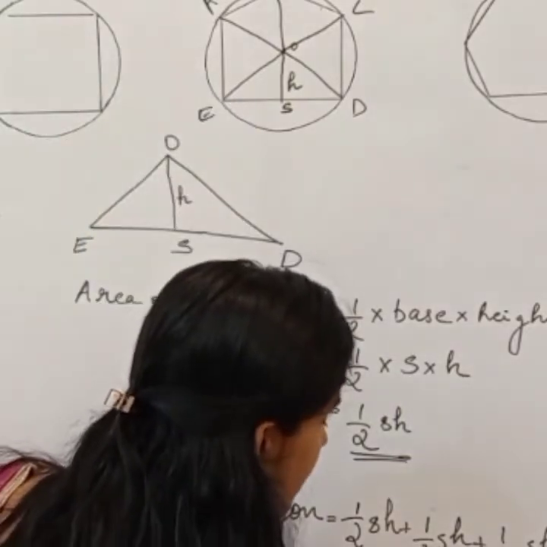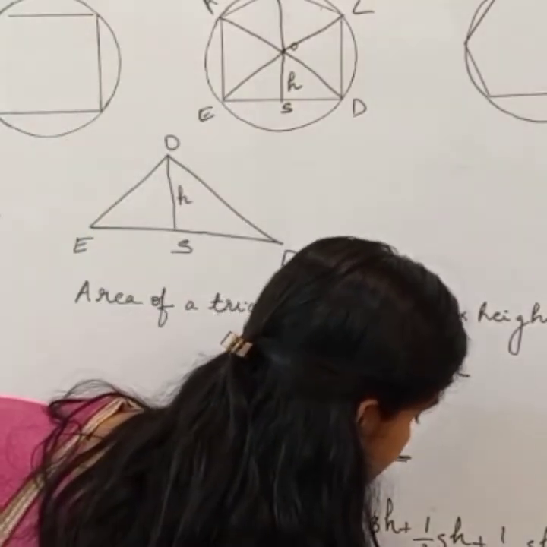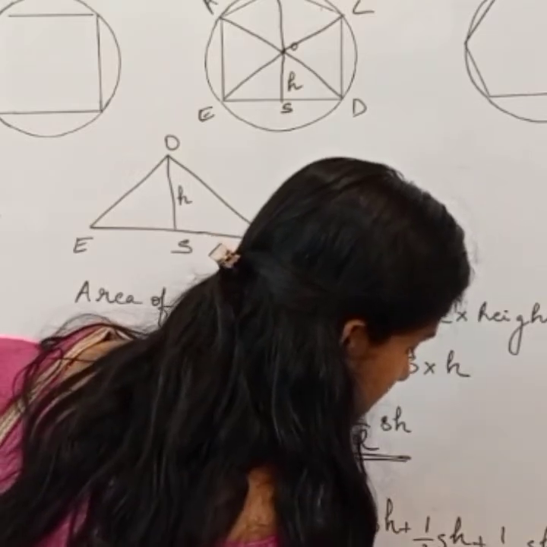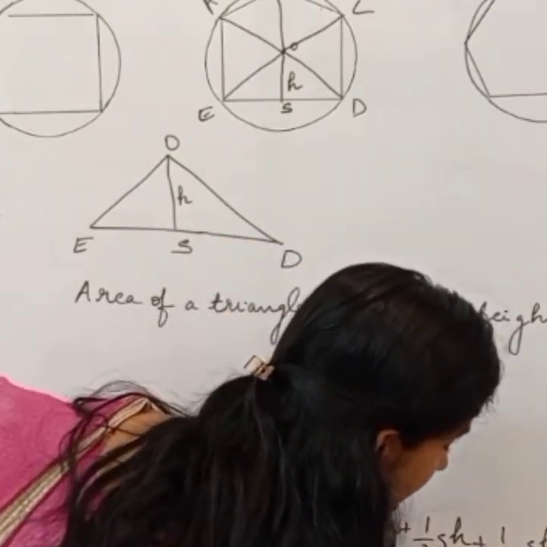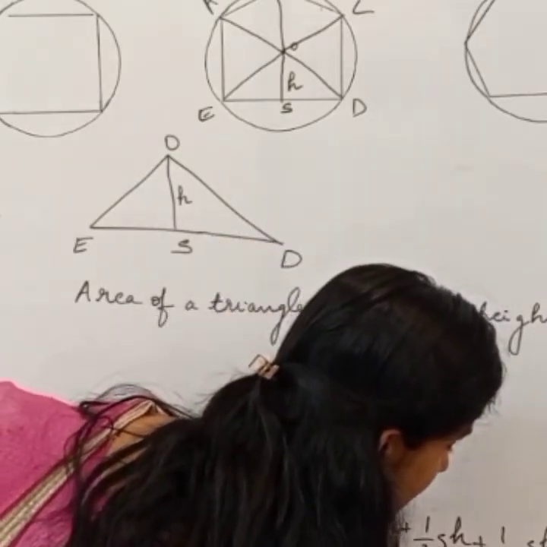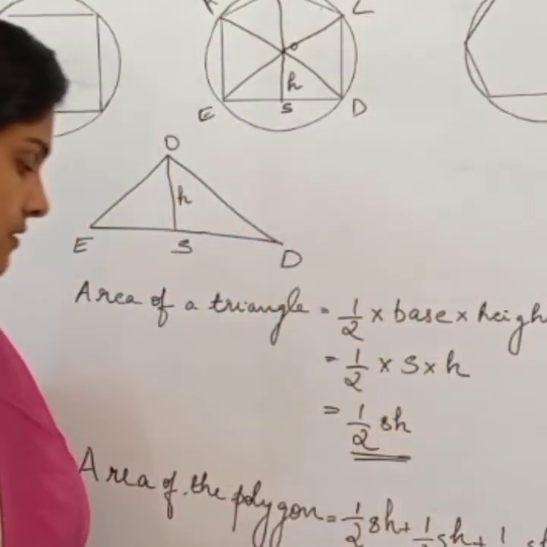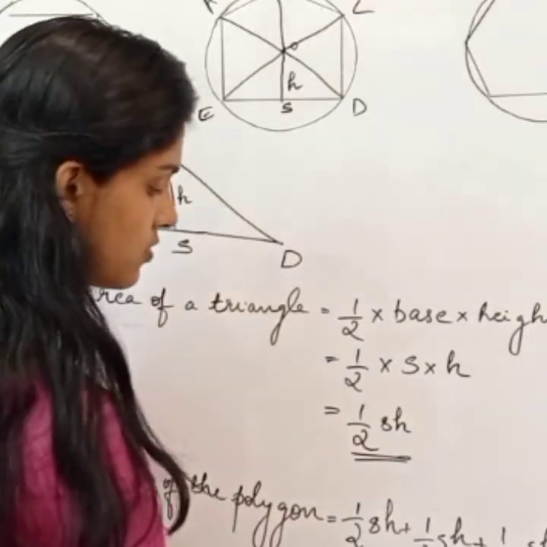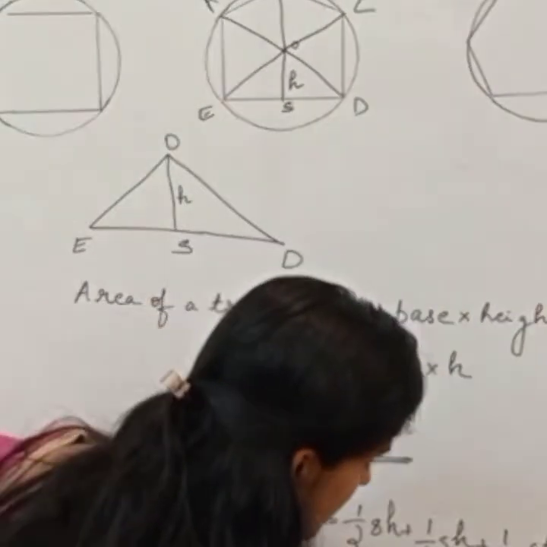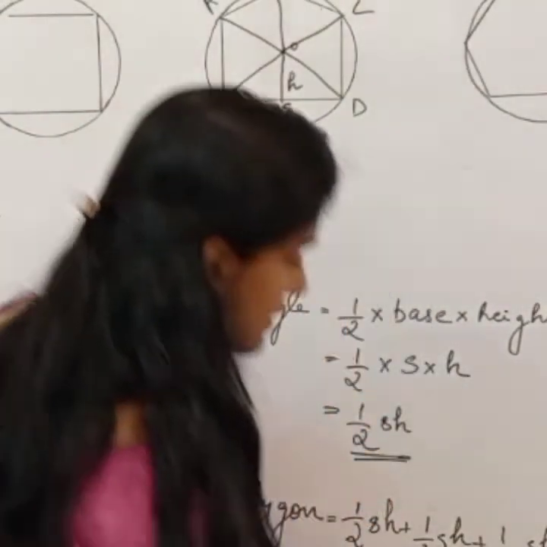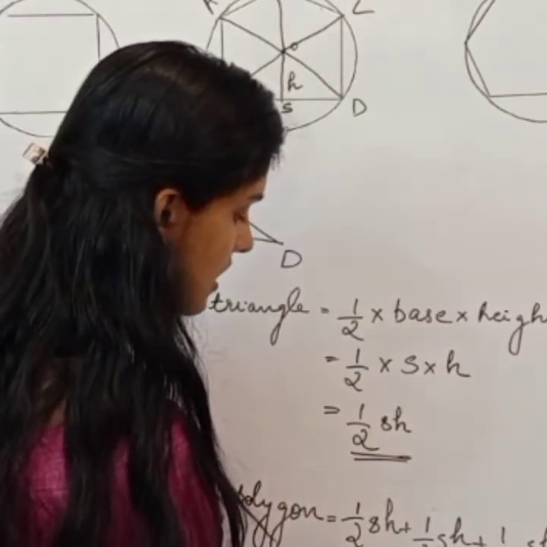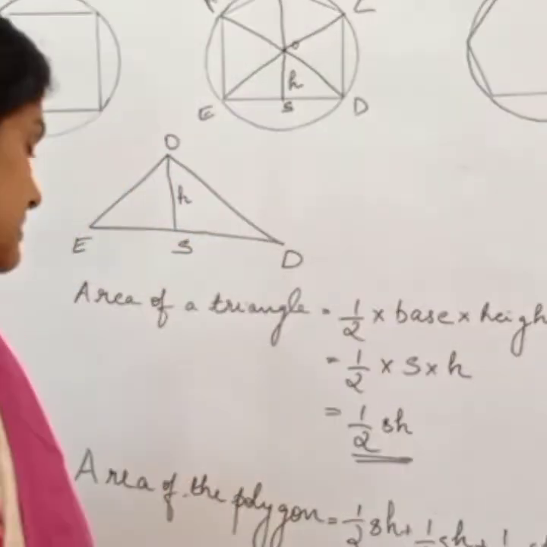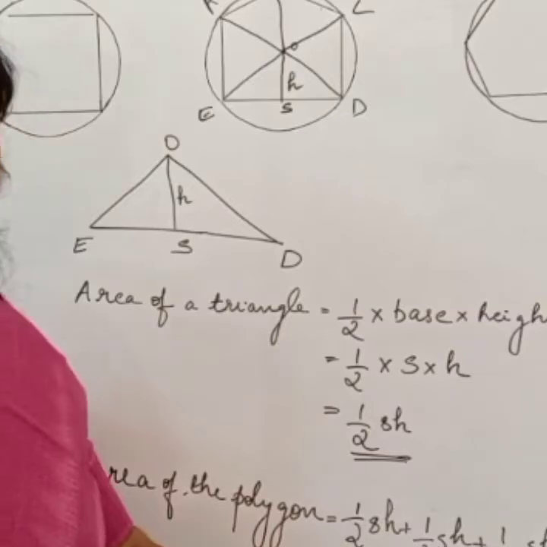So we have half PH. 5S is what? P. So P into half into H. What is it? Half pH. So the area of the polygon is given by half pH.